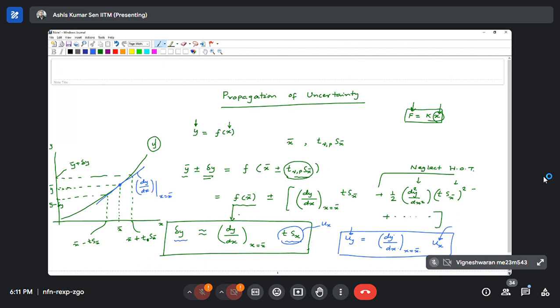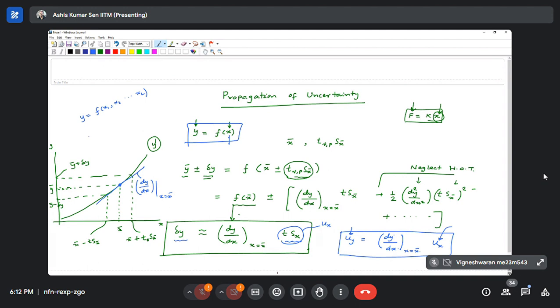Now this is something that we took as a very simple relation where the dependent parameter y is a function of only one independent parameter. Okay, but there may be situations where y is a function of many different primary quantities. So it may be a function of x1, x2 up to xL, let's say L different independent parameters.